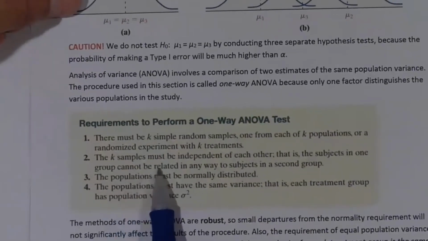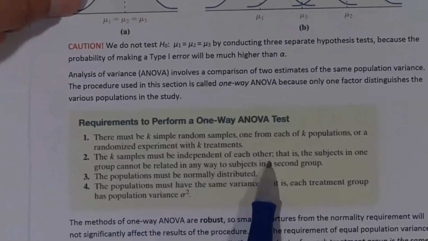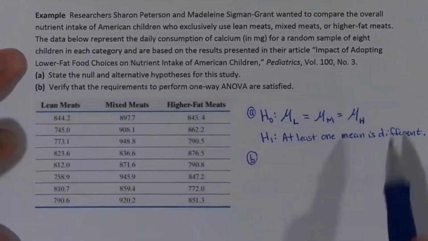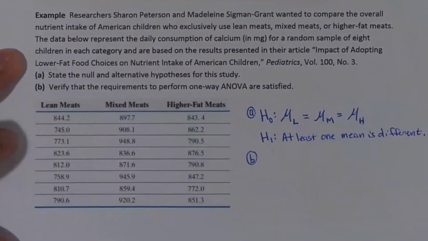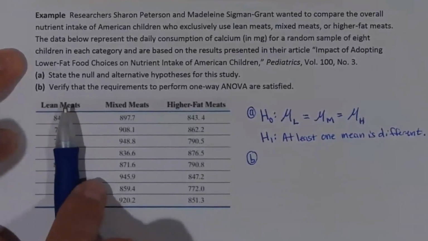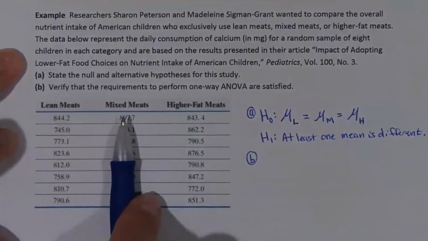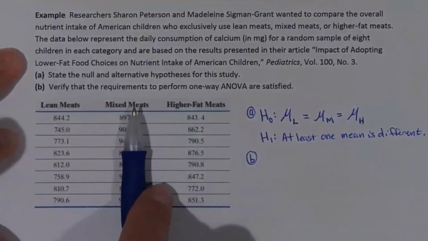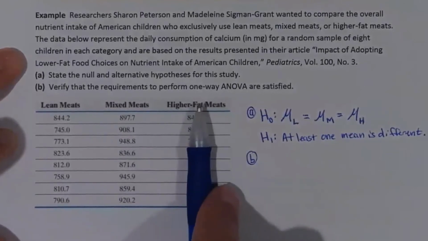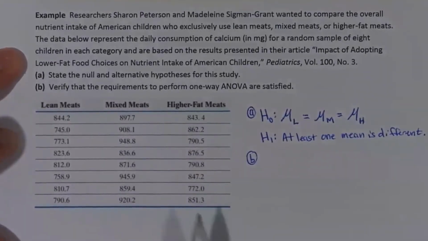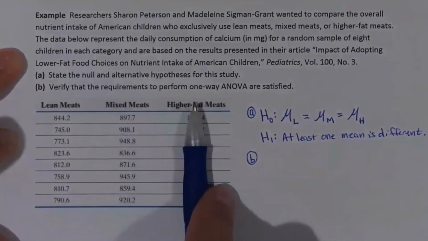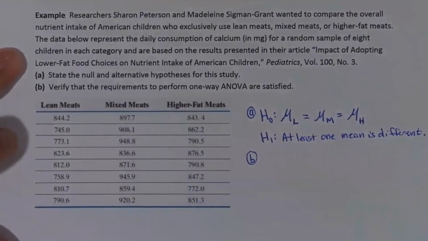2, the K samples must be independent of each other. Now, it doesn't specifically say that in the setup of this problem, but I think we can assume that the 8 children who consume only lean meats are not related in any way to the 8 children who consume only mixed meats or the 8 children who consume only higher fat meats. And the same, the mixed meats children are not related in any way to the higher fat meats children.